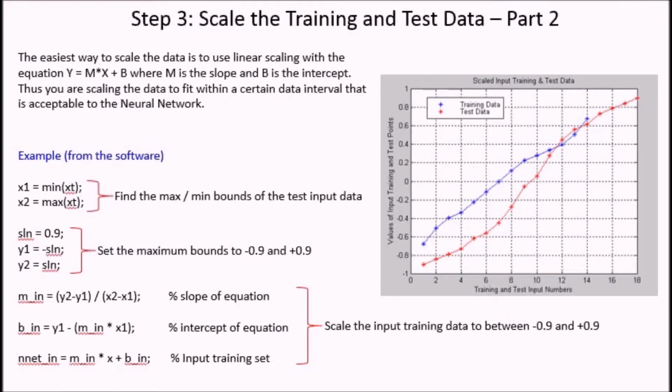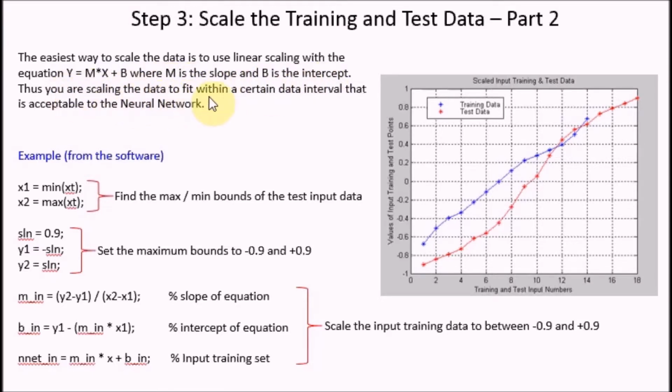So we're going to continue what we were looking at before with the scaling of the data, but explain how we get that data scaled to where the activation function can handle it. The easiest way to scale the data is to use linear scaling with the equation y equals mx plus b, where m is the slope and b is the intercept.